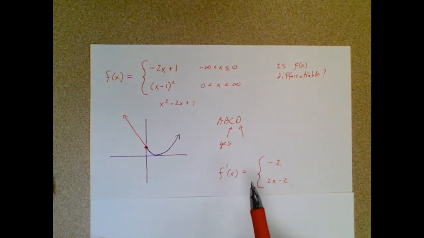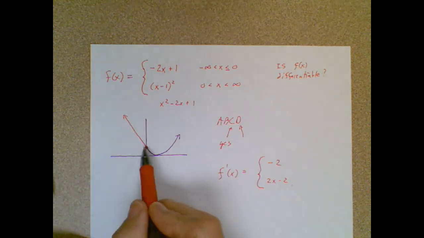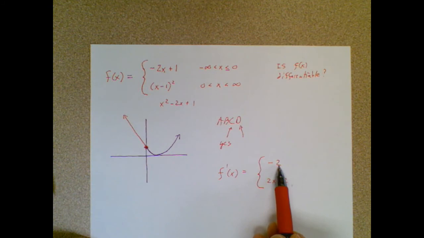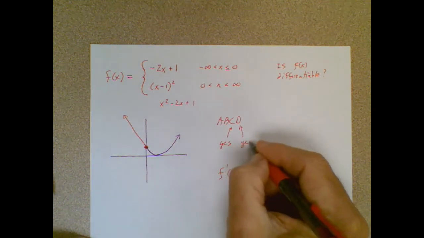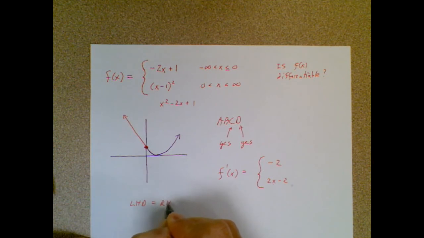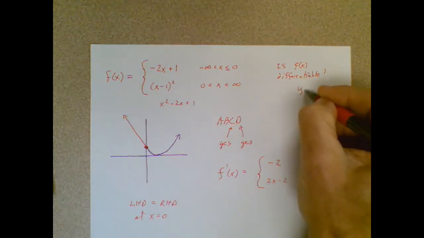So what I'm saying there is, if I'm worried about the slope right at x equals 0, I can plug it into the left side and the right side, and I end up with the same answer in both cases. So I can say the left-hand derivative does equal the right-hand derivative at x equals 0. So it is a differentiable function.